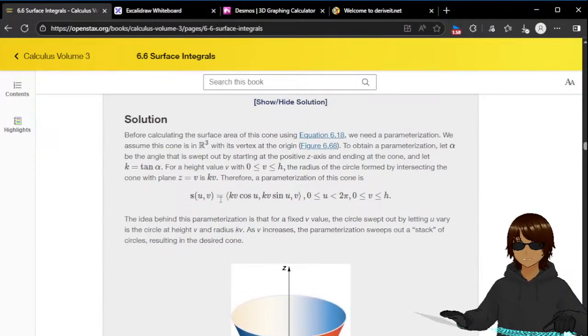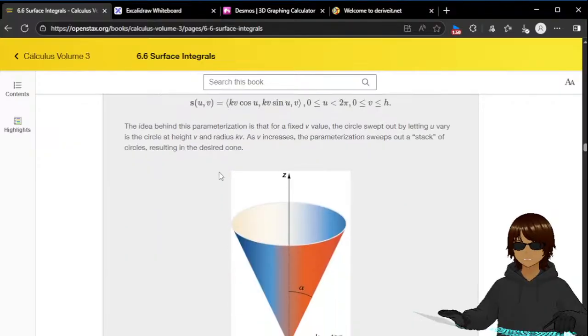So they defined it using kv cos u, kv sin u, and then v. The idea behind this parameterization is that for a fixed v value, the circle swept out by letting u vary is a circle at height v and radius kv. As v increases, the parameterization sweeps out a stack of circles, resulting in the desired cone.